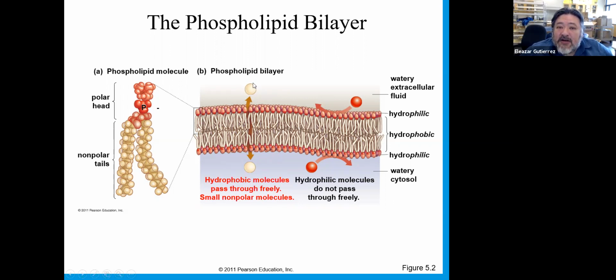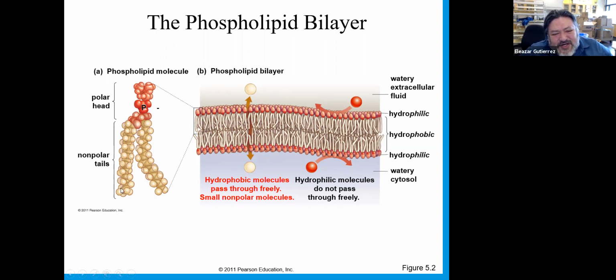Effectively, it is small and not charged. So if you have a small nonpolar molecule or a hydrophobic molecule, it will traverse the plasma membrane without difficulty. You might ask, isn't the hydrophilic head going to stop it? Not really. This is a little head. It's just a little guy.